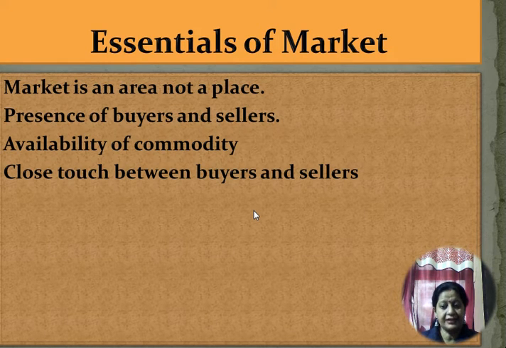If an area is there, and buyers and sellers are there, then there should be a commodity which sellers sell and buyers buy. Fourth, close touch between buyers and sellers. Close touch means that the customers and sellers should have information regarding the commodity, the price, and the quality of the commodity which the seller is selling and which the customer is purchasing. These are the essential elements which make an area a market.